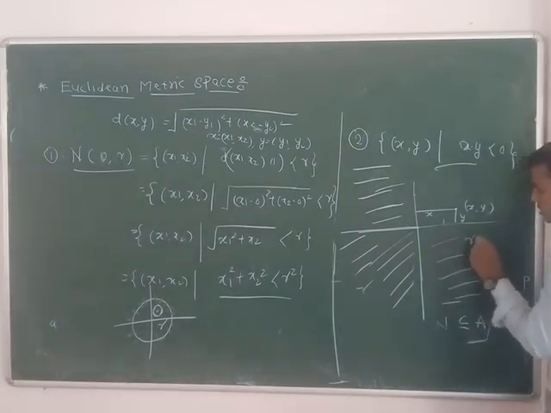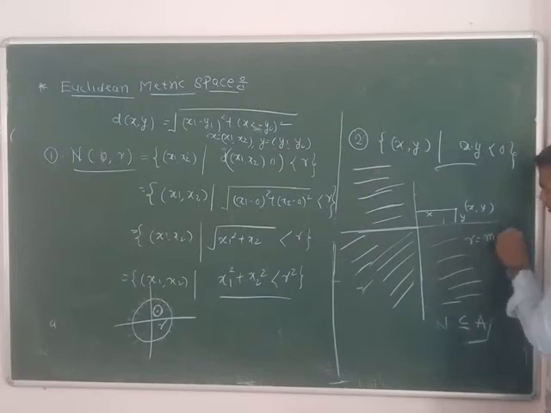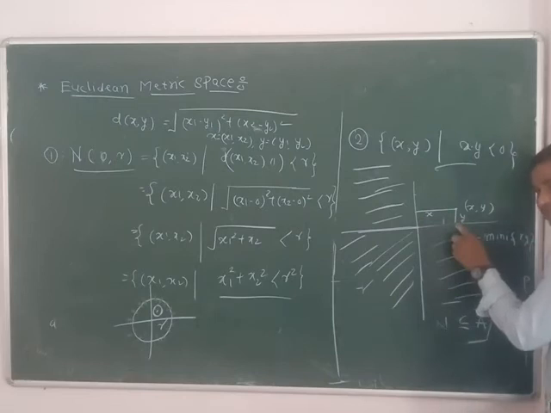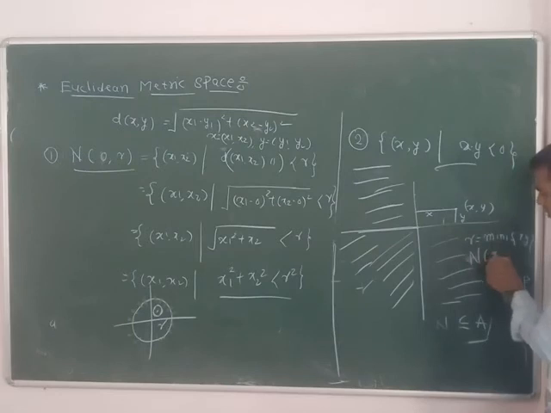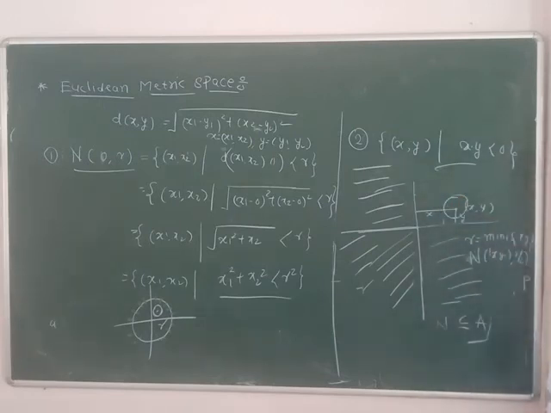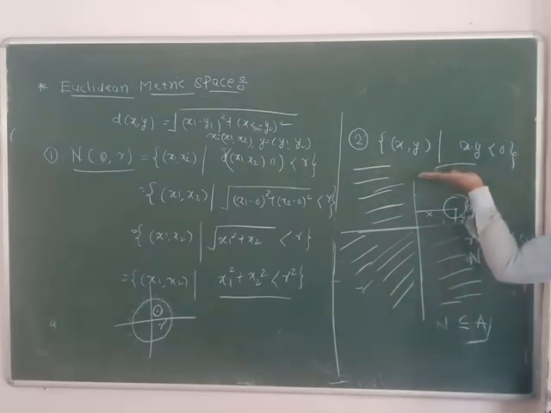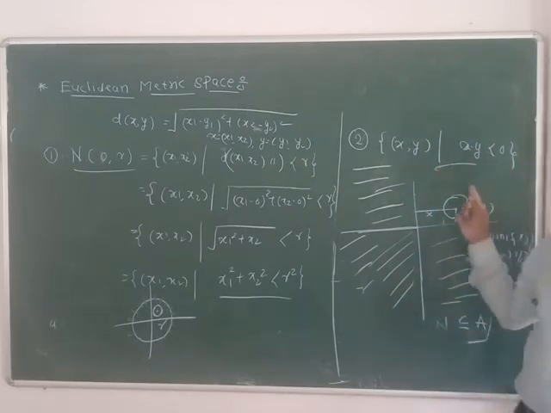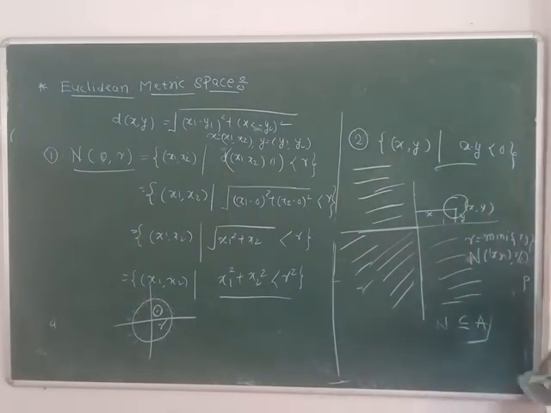Choose r equal to the minimum of x and y, and now draw the ball with center (x, y) and radius r by 2. If I draw this ball, it completely lies in this set. For every point we can apply the same procedure: draw the open ball which completely lies in this region. So this is an open set, but this is not an open ball.